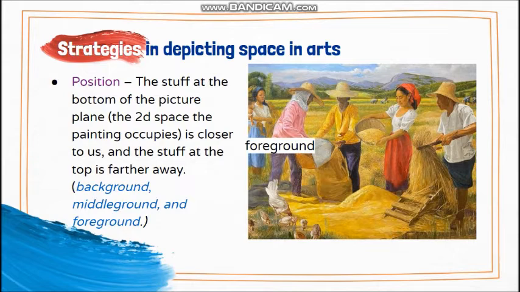The foreground here are the people working on the harvested rice. The middle ground is the rice field with the small people planting. And lastly is the background. The background are the mountains and the clouds.